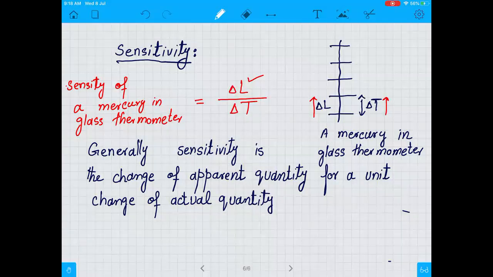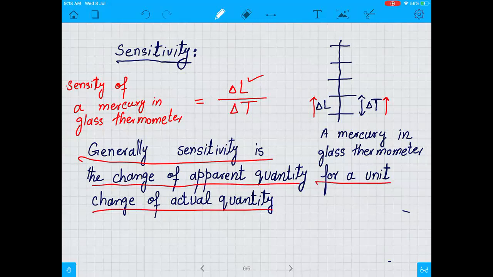So generally sensitivity is the change of apparent quantity for a unit change of the actual quantity.